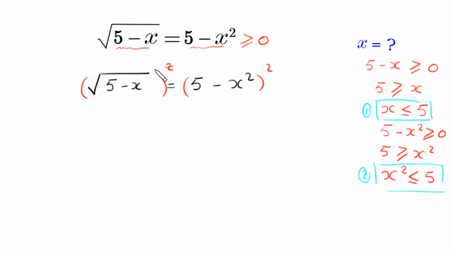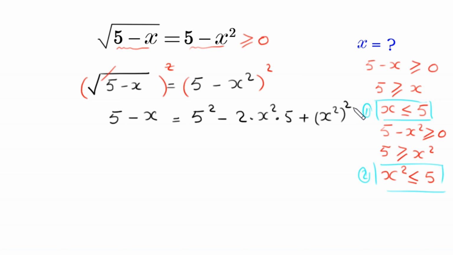So this square will be cancelled out with this square root, and at left hand side we are left with 5 minus x is equal to this 5 minus x squared whole squared, which is equal to 5 squared minus 2 times x squared times 5 plus x squared whole squared.